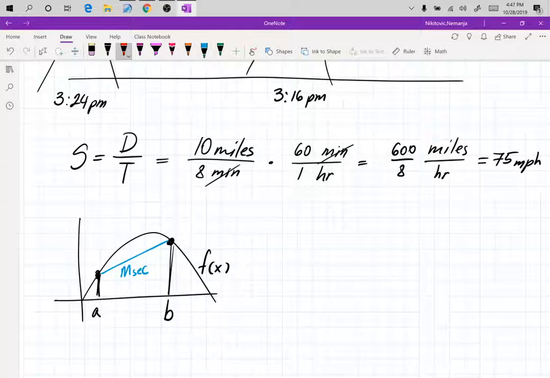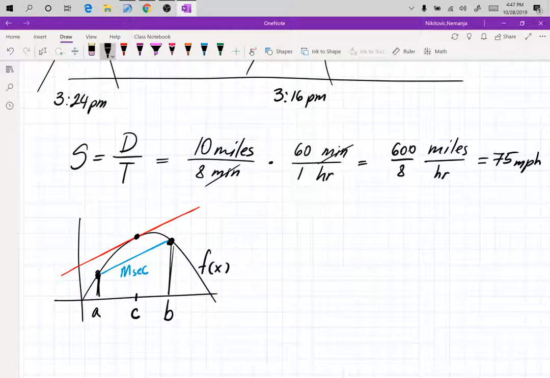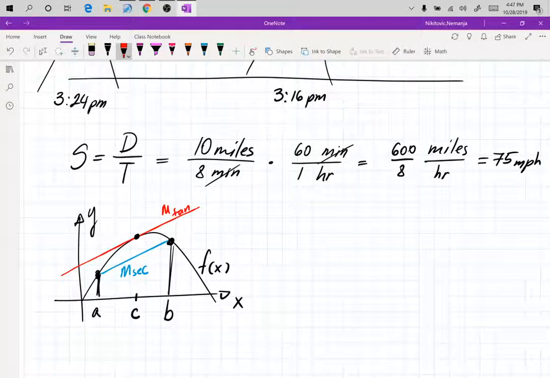Now, what you need to do is to figure out the same slope, so there has to be a parallel line to m secant, and whenever that one crosses is going to be that value c. And what you see over there is the slope of the secant line and the slope of the tangent line are the same because we know that parallel lines have the same slope.